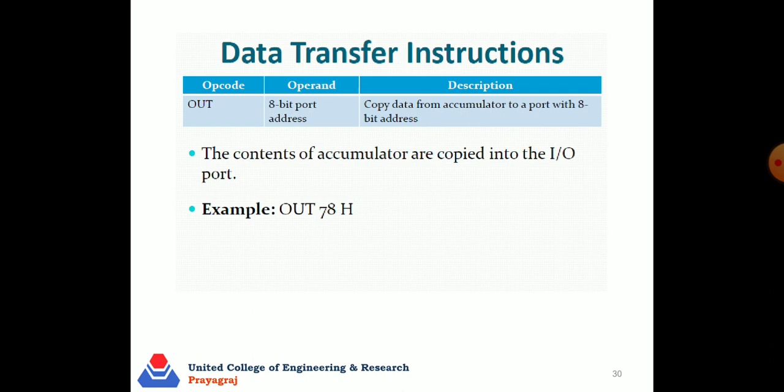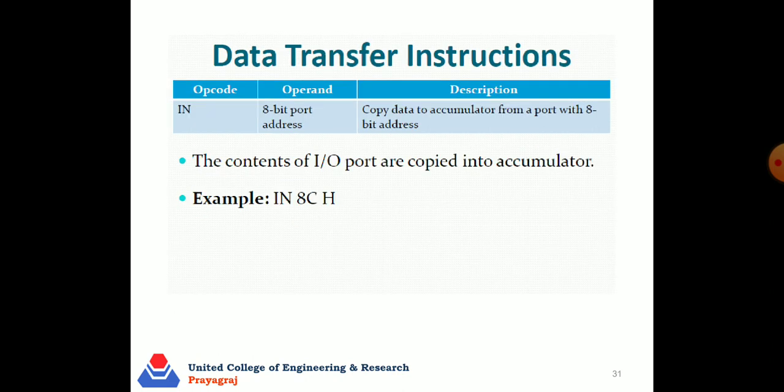Let's suppose here is OUT 78H. Suppose the accumulator content is 50H. So this 50H is transferred to the 78H port. There is the IN operation. IN operation means it gets the data from the port.